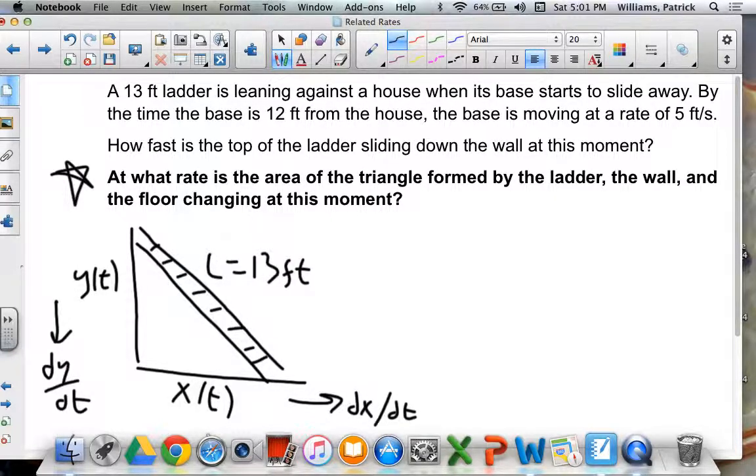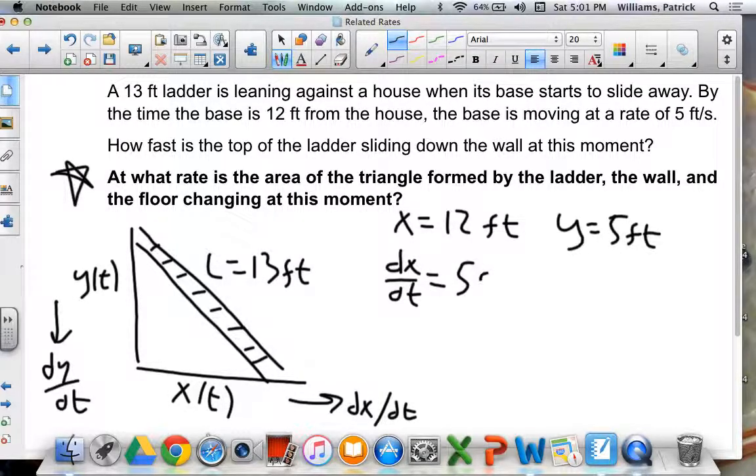From the last problem, we still had that x was equal to, what was that, 12 feet? We found that y was equal to 5 feet. We also found that dx/dt was 5 feet per second, and dy/dt was negative 12 feet per second.